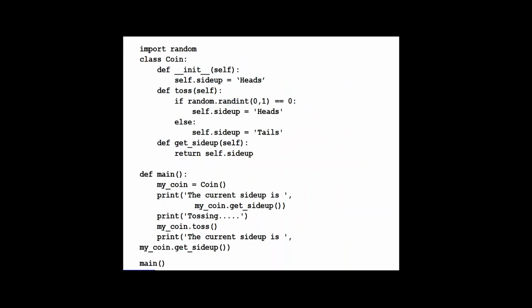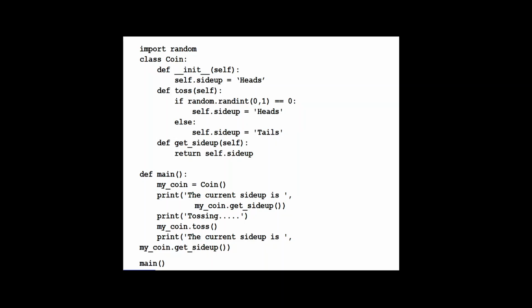Okay, think about creating a class to simulate a toss of a coin. If you toss a coin, you may get heads or tails. So if we think about a class to create that simulation for us, we need to have random. Why? Because the tossing process itself is a completely random process.